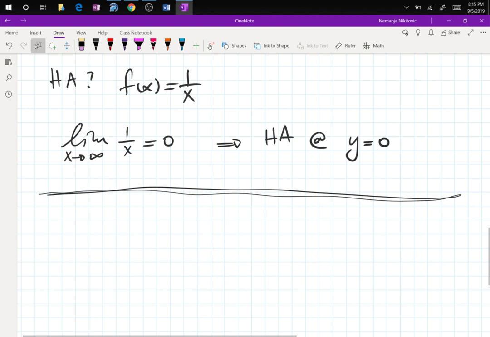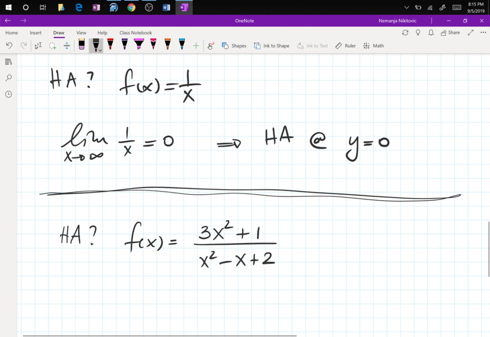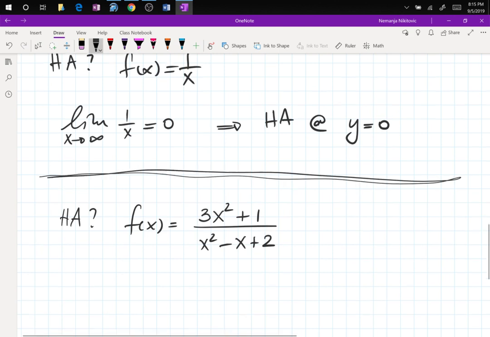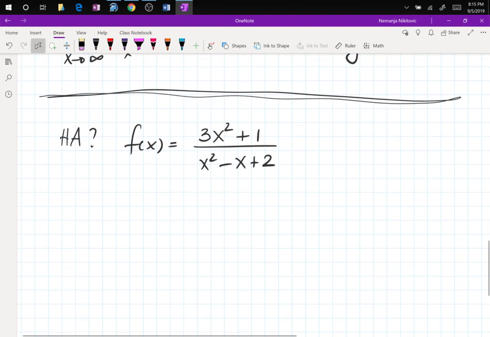There are certain problems, say, you want to check for horizontal asymptote for f of x equals 3x squared plus 1 divided by x squared minus x plus 2. So let's say you are interested in horizontal asymptote.